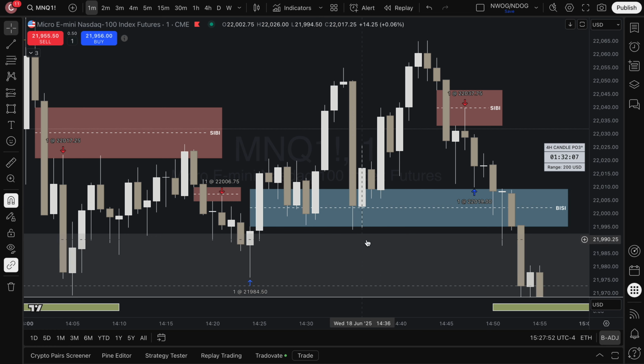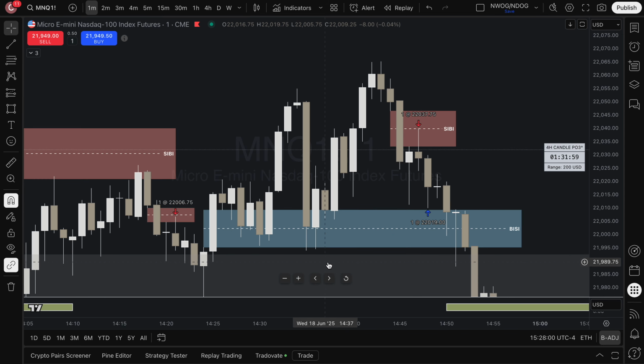That's bullish. That's just the market coloring outside the lines, you know. So it wicked down. The wick is what does the damage, right? The real thing that matters are the bodies. So we closed above the midpoint on this BISI and again right here.